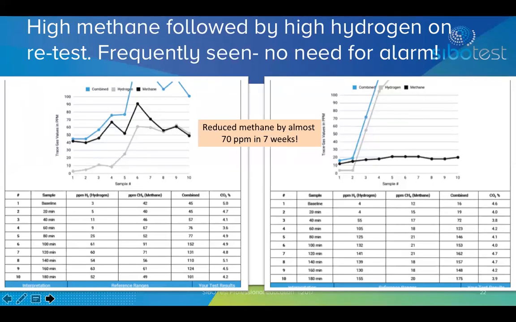I've just said before that methanogens require hydrogen in order to produce methane. So in this first case, we see this person is very positive for SIBO, has a lot of methane production. So the practitioner started with methane SIBO treatment, and then retested.